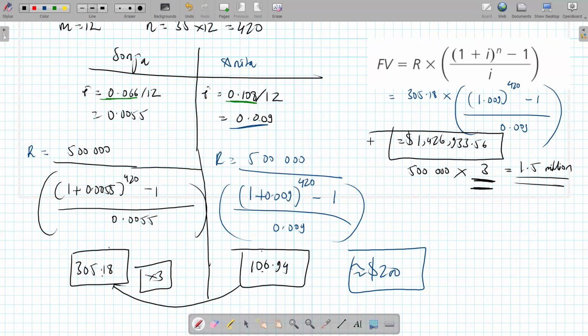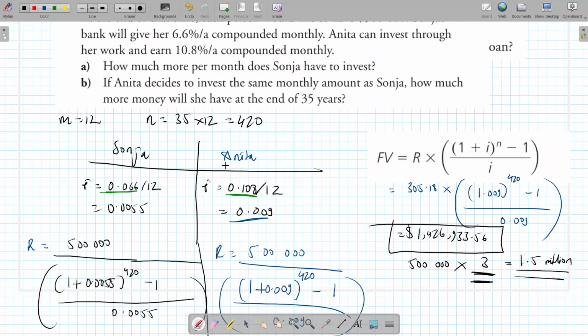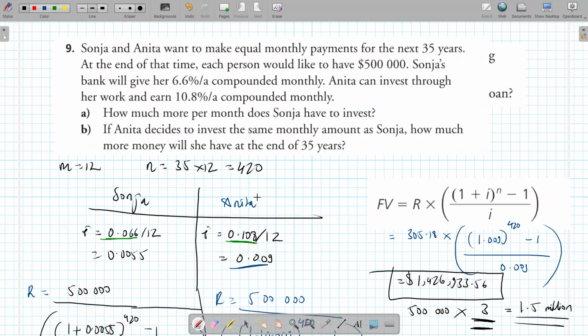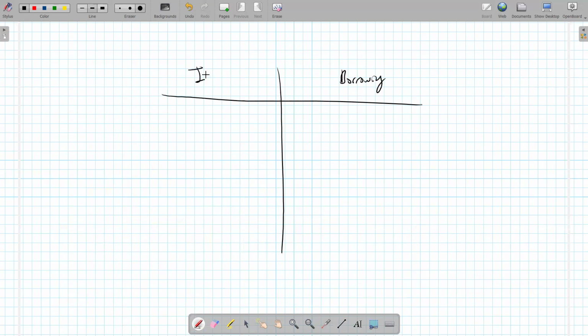So there we go. If you're investing and you have a higher interest rate, then your annuity payment will be lower. On the other hand, if you're borrowing, let me just make a little table here. If you're investing compared to when you're borrowing, it's just common sense for the most part. You want the interest rate to be high when investing. If you're borrowing, you want the interest rate to be low.